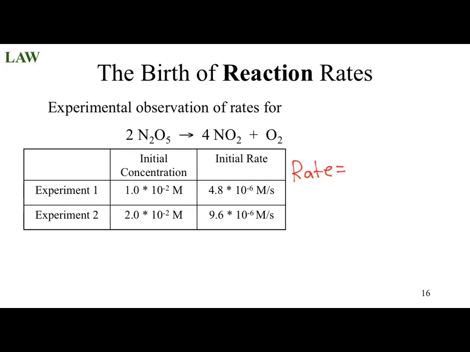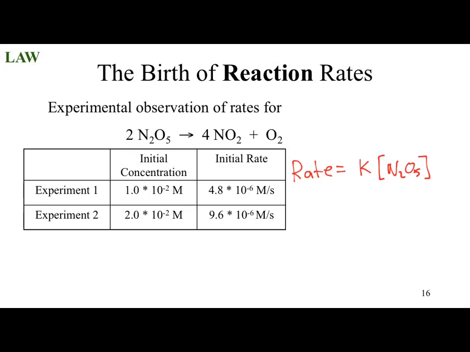Concentration. It's a good thing to include. Concentration of what? The reactant. What's our reactant? N2O5. What else needs to show up in our rate expression? Our rate constant.